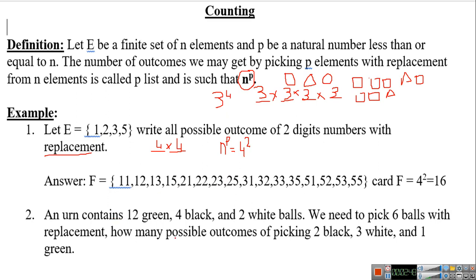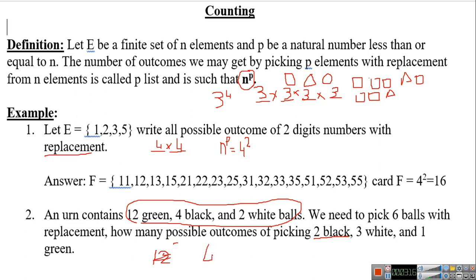An urn contains 12 green, 5 black, and 2 white balls. We need to pick 6 balls with replacement. How many possible outcomes of picking 2 black, 3 white, and 1 green? Because with replacement, I have 6 picks: 2 black, 3 white, and 1 green. How many black balls do I have? Sorry, black is 4.